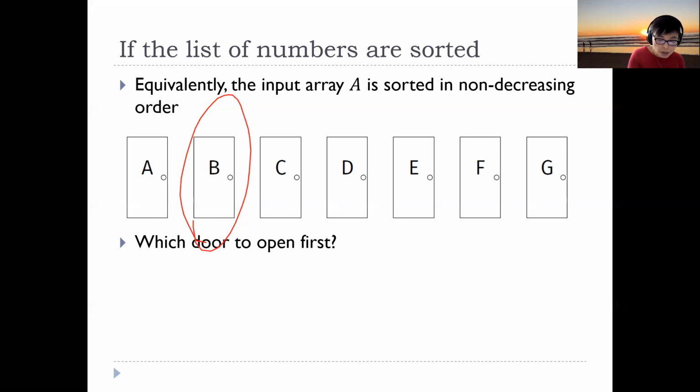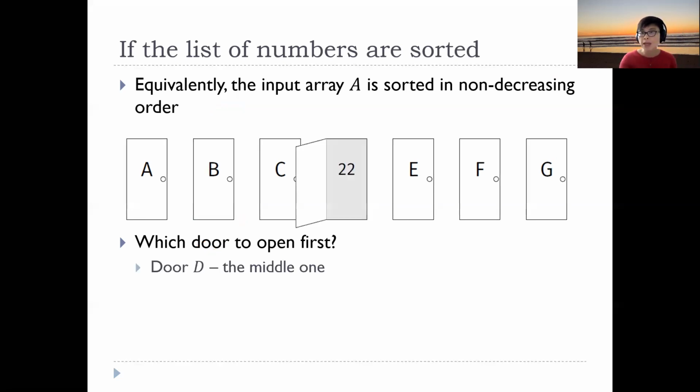So the strategy is that we first pick the middle door. Once we look at the middle door, depending on the key you're looking for, you ask: is the number here equal to my key? If it equals, we're done, we're lucky. If not, you ask, is it bigger or not? If it's bigger than 22, that means I eliminate the left half and only go to the right.